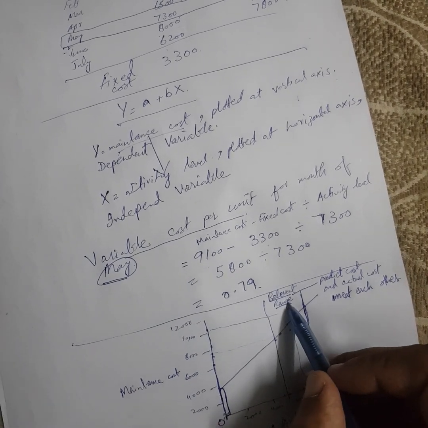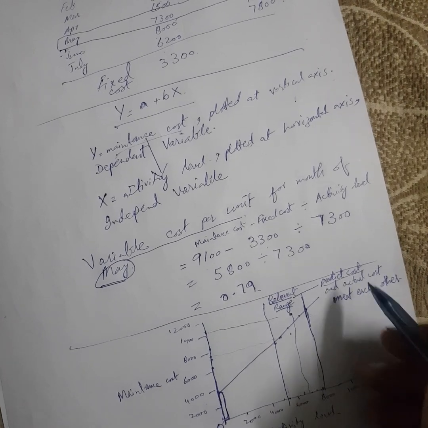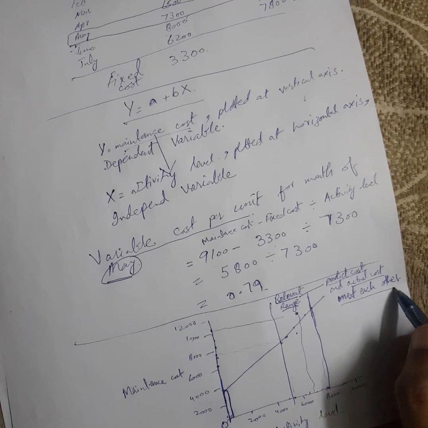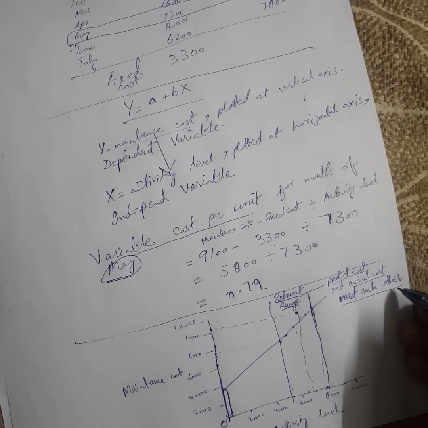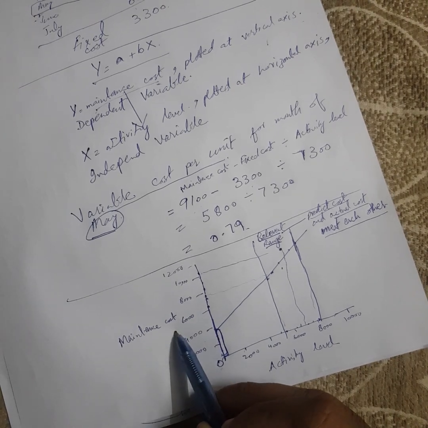The relevant range shows that our predicted cost and actual cost are the same with respect to activity level and maintenance cost.